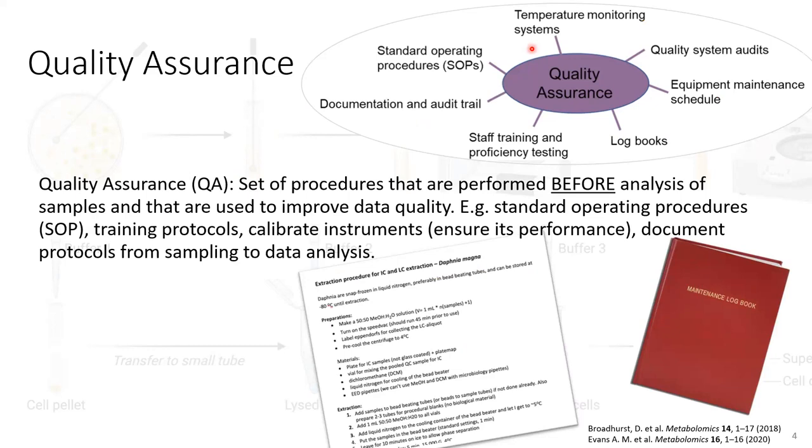That's a very good thing to have, these logs. So everything is typically entered in the logbook of the instruments, and the instruments are of course following some kind of maintenance schedule, and how often we are calibrating the mass spec and so on. That should all be within the quality assurance systems.